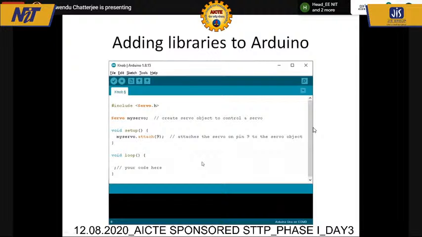But for myself, it is always problematic because I don't understand this language transparently. I want to do these things with the help of registers so that I can understand everything happening inside. But this is the standard procedure of adding libraries to Arduino.